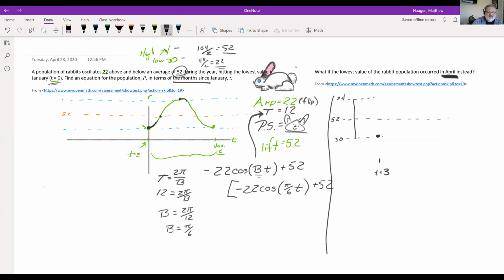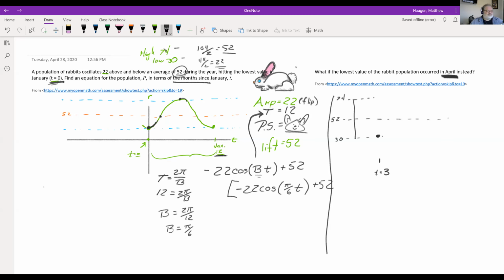Because January is 0, February is 1, March is 2, and April is 3. December is 11, making the next January 12. Fair? So if January is 1, and we're used to counting January as 1, that always kind of throws this question off a bit.